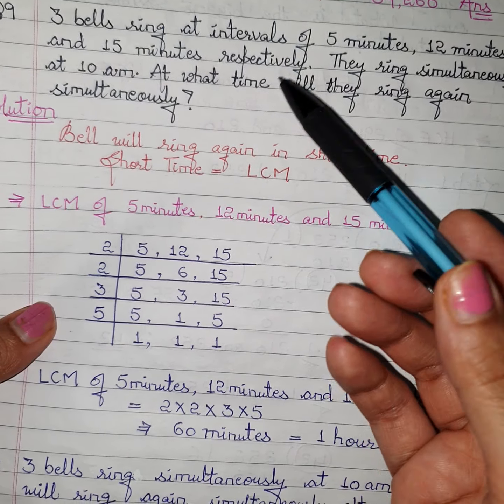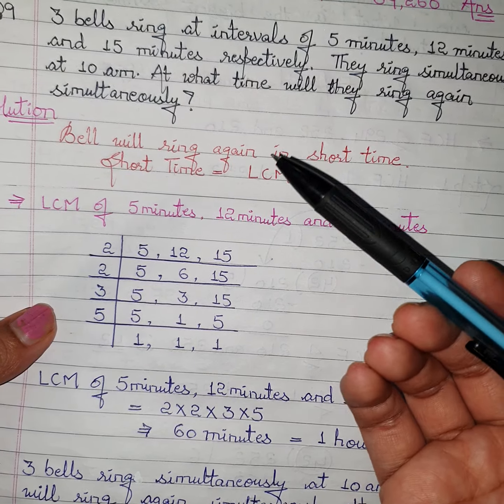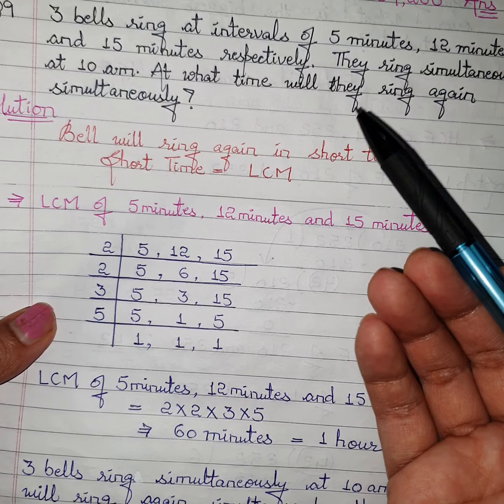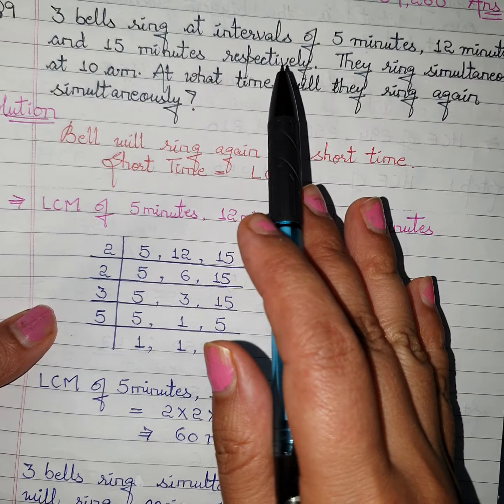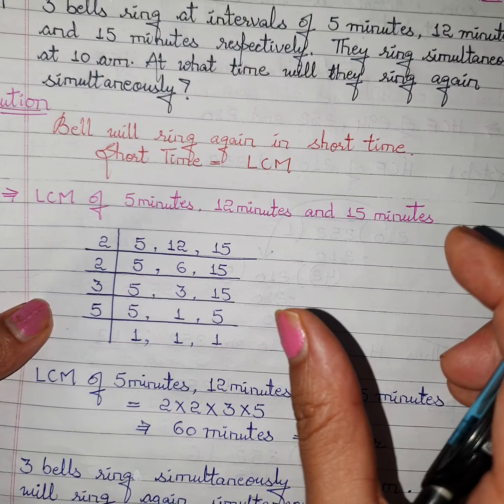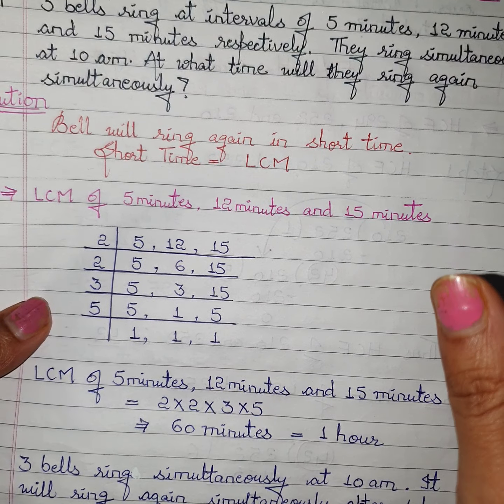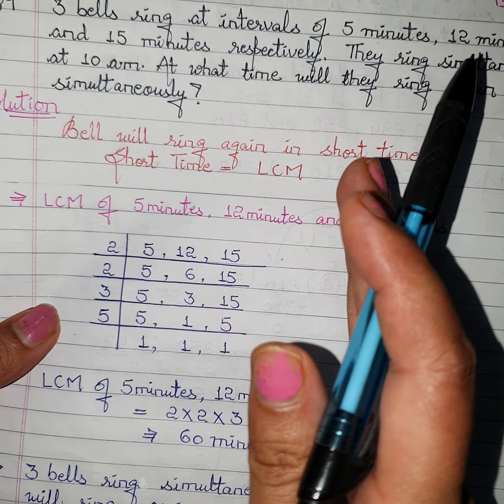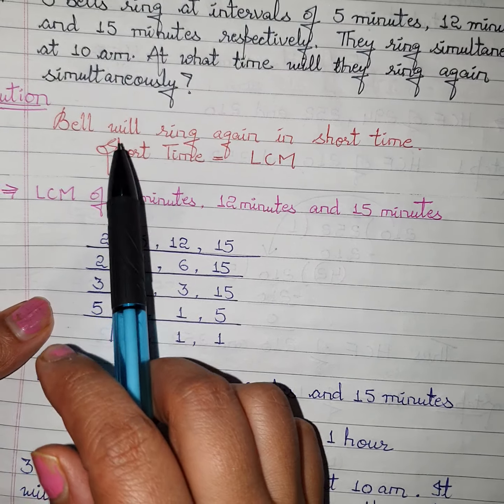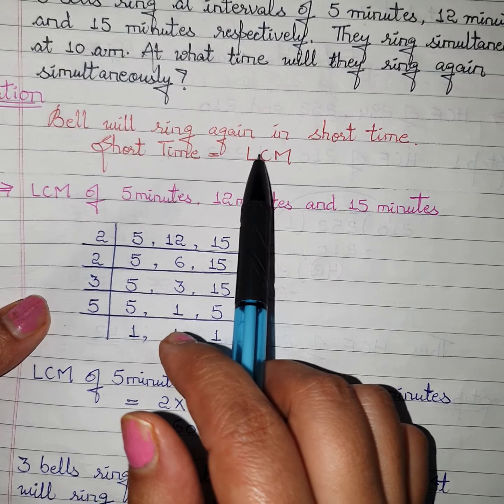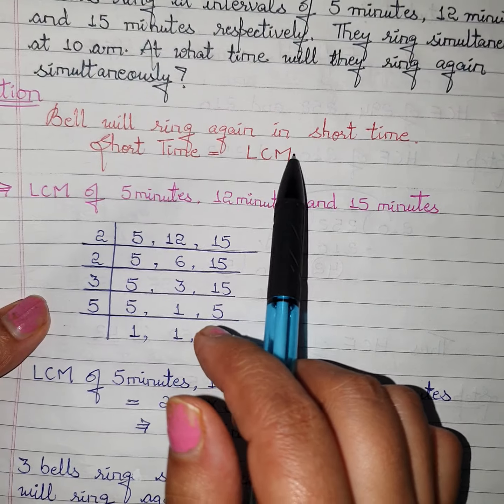Now if they ring together, then it will not take more than 24 hours. They will ring again within 24 hours only. So it will not take the highest time, it will take the lowest, short time. If it is taking a short time, that means it is the LCM. We have to find the LCM.